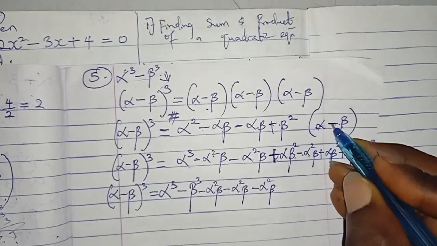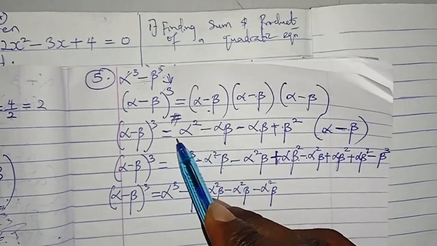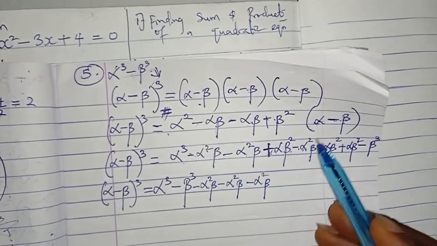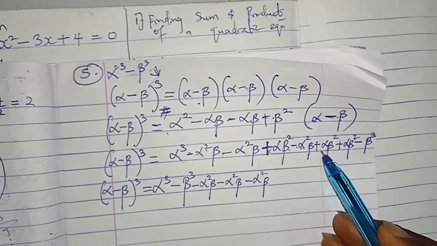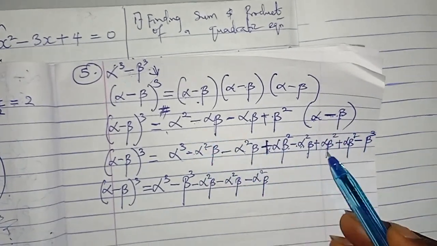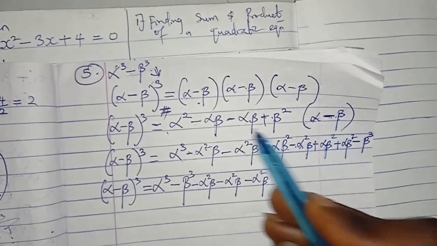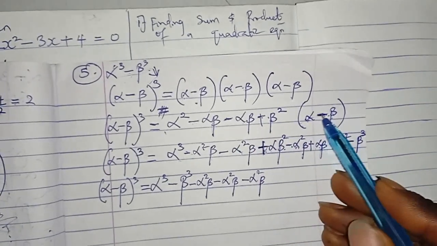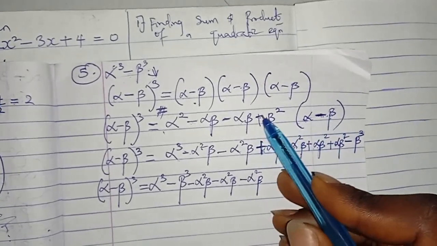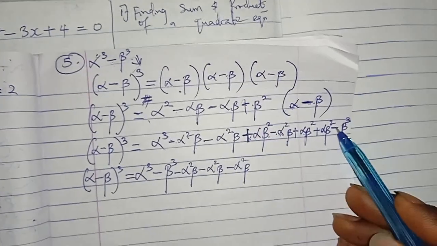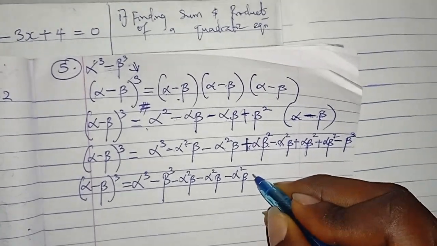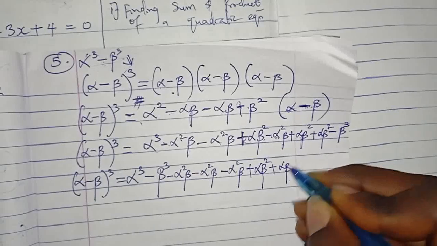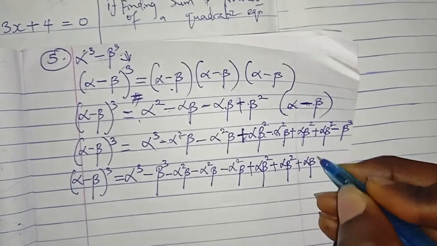Then you now move to this one, minus. So I'll have plus alpha beta square, plus alpha beta square, plus alpha beta square.